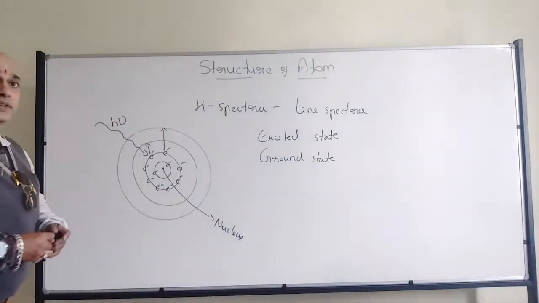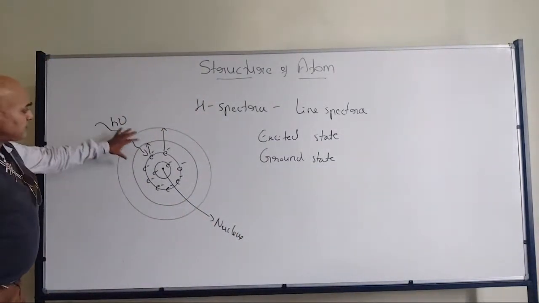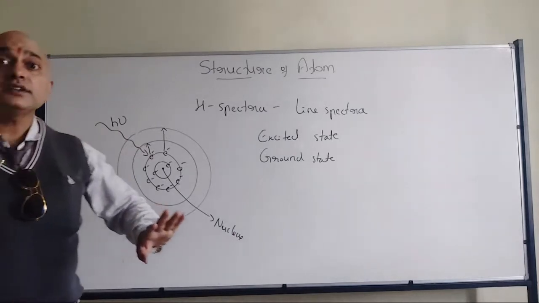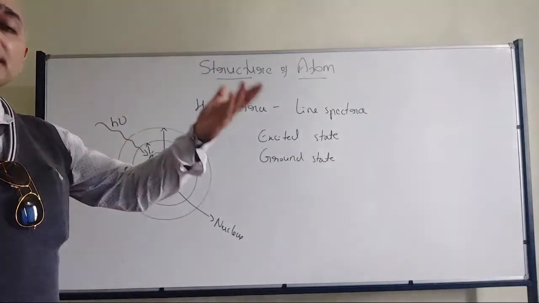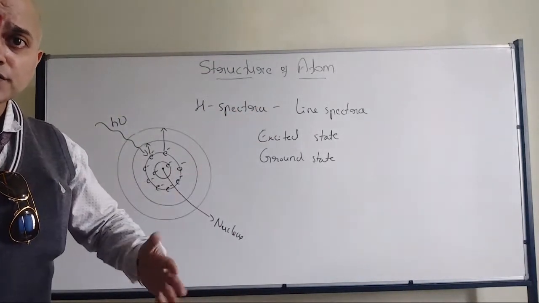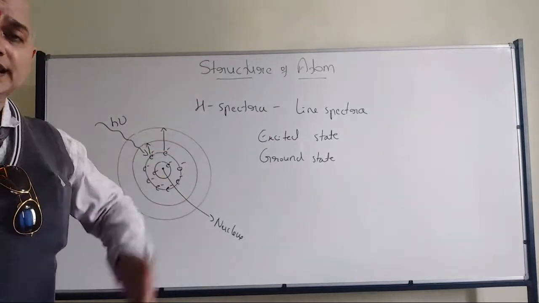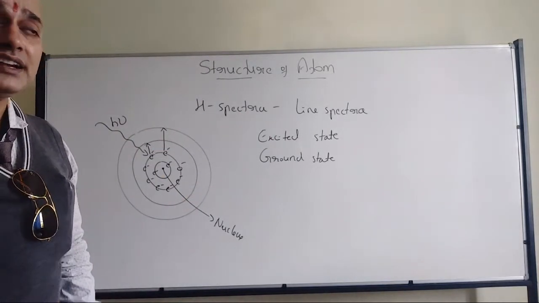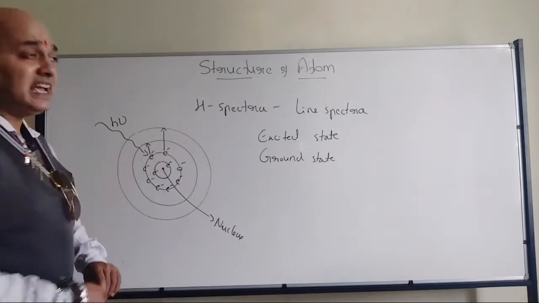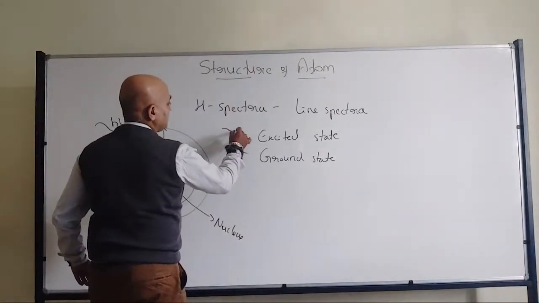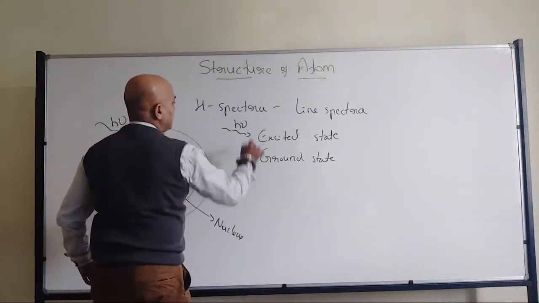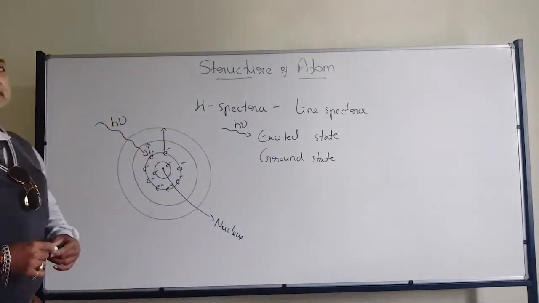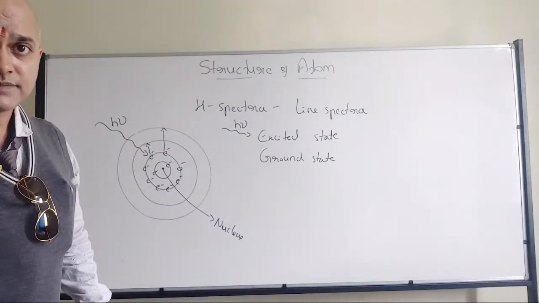Now energy is supplied to the electron, so electrons will go to the excited state. When there is a supply of energy, they will go to the excited or higher energy state.